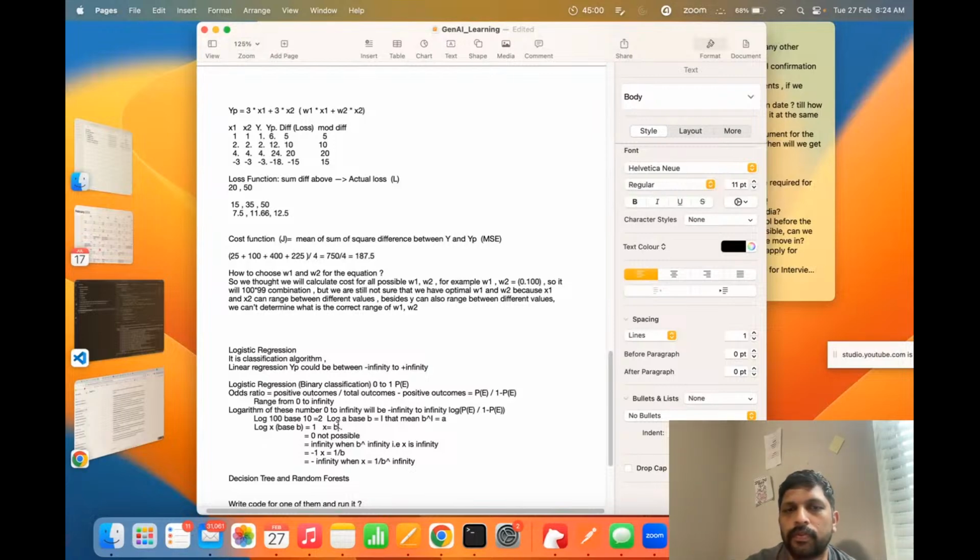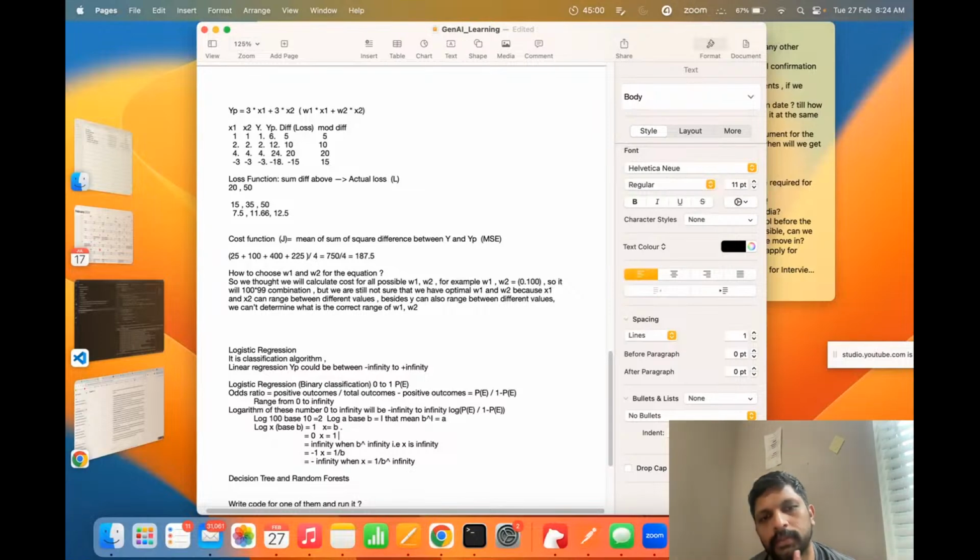No logarithm of e is possible, it's not possible, this is wrong. x is equal to 1.